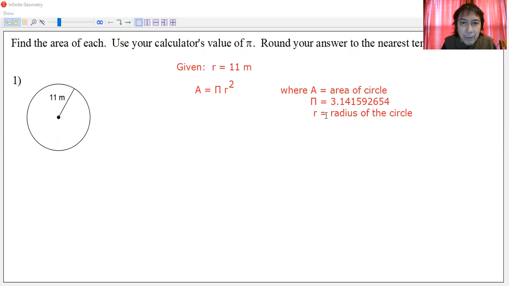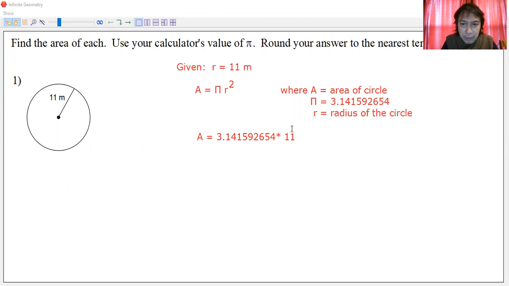We shall be using the formula. Start with A, the area. We're asked to find the area. So we have pi, equivalent to 3.141592654, and we multiply this by r, which is 11 squared.